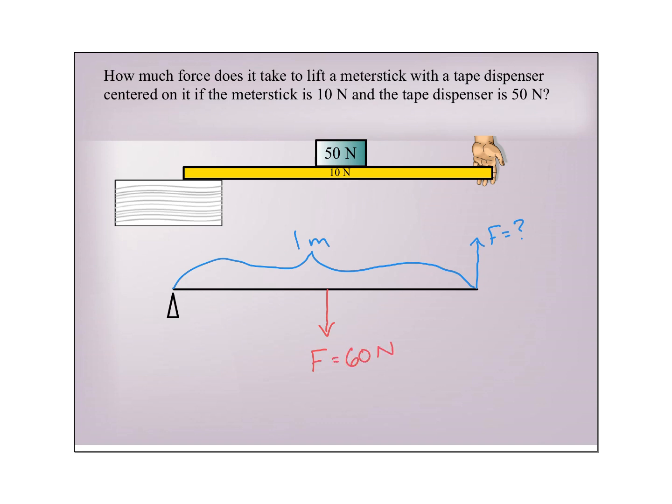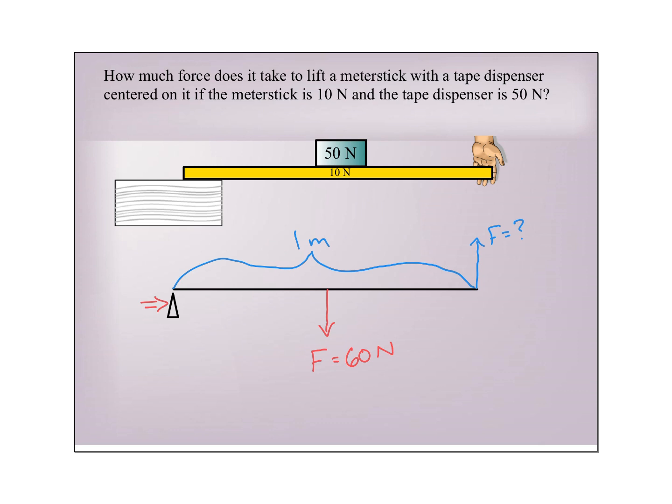It's the combination of the two. Since they're centered, I have to include the weight of the meter stick. We didn't do this in the lab yesterday because the meter stick's center of gravity, center of mass, was at the pivot point. Now that our pivot point is all the way over here at the far end, it's being lifted as well. So we have to include it.